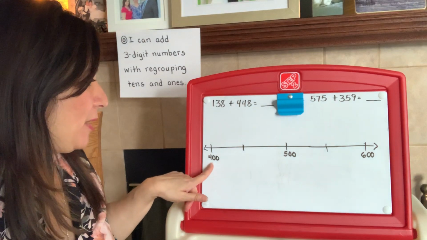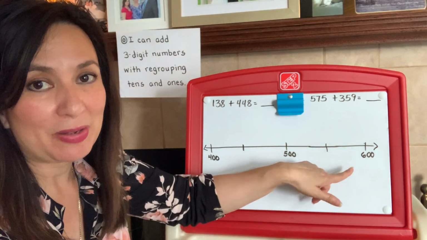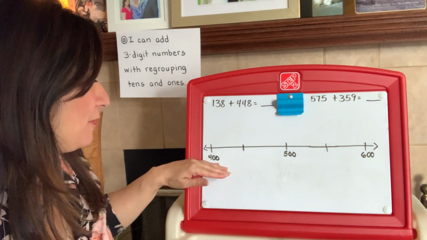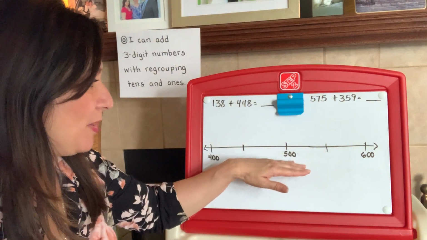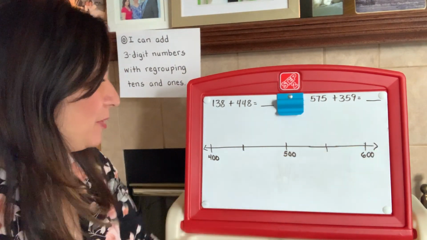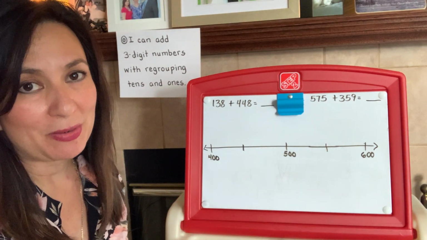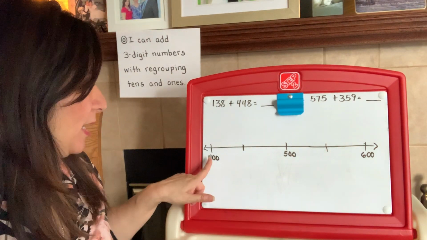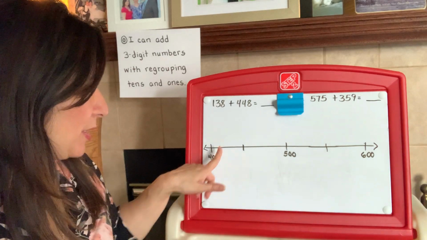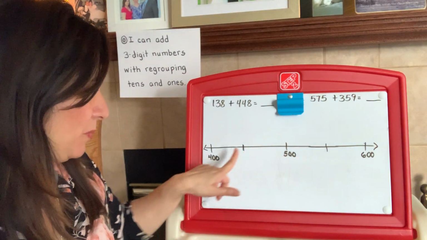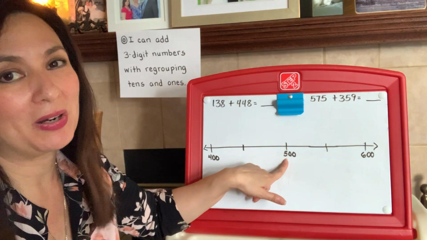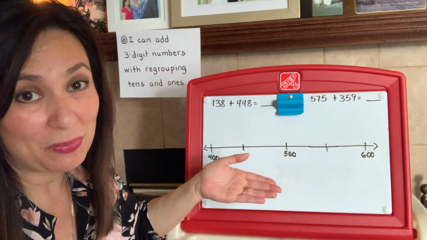So if you look at my number line, it already has numbers positioned in it. I have 400, 500, and 600. Let's talk about these middle numbers because those middle numbers are so helpful. If I have 400 here and then 500, what is the distance between 400 and 500? It's 100.